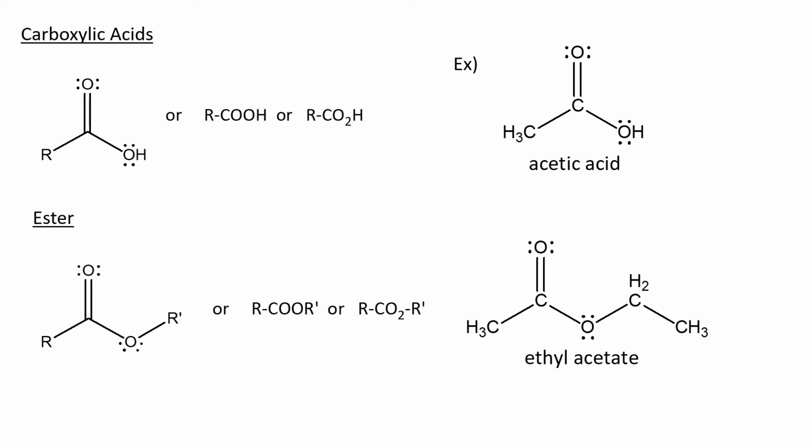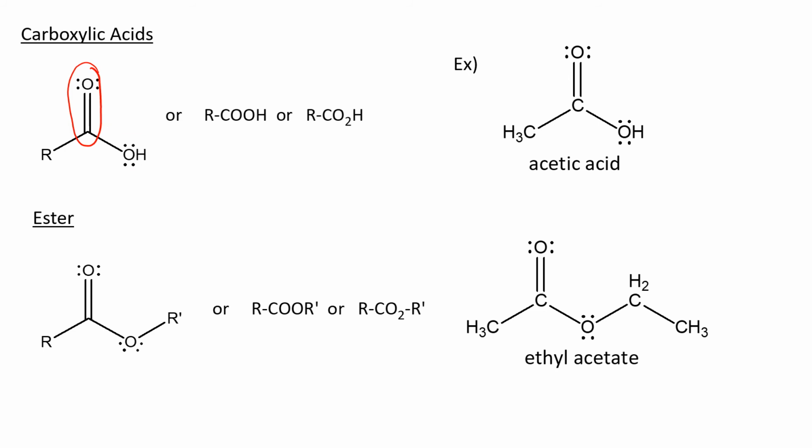The carboxylic acid is the next functional group that contains a carbonyl. Now, carboxylic acid can be identified. You look for your carbonyl. What's next to it? An OH. This is not an alcohol as well. It's special.